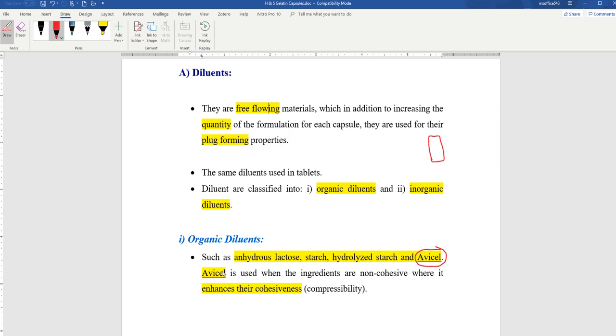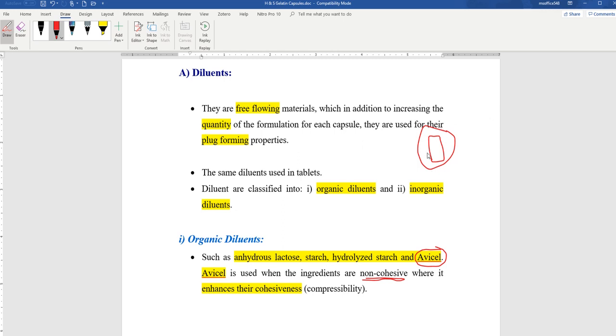So the famous thing about Avicel is that it allows the formulation to be compressed easily. So with little pressure I can get this plug. Because otherwise, if the formulation is non-cohesive, meaning they don't stick to each other, and I do little compression, what will happen to them?